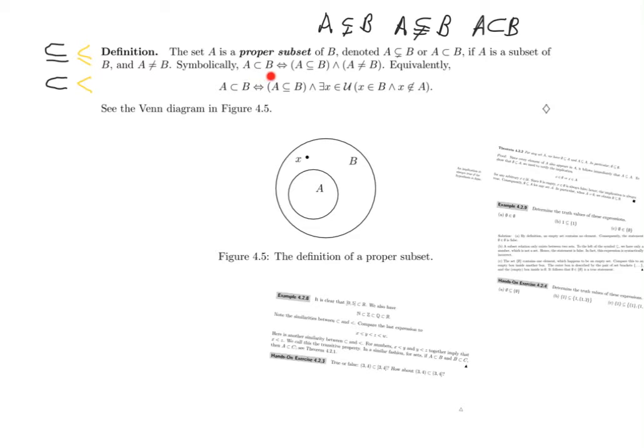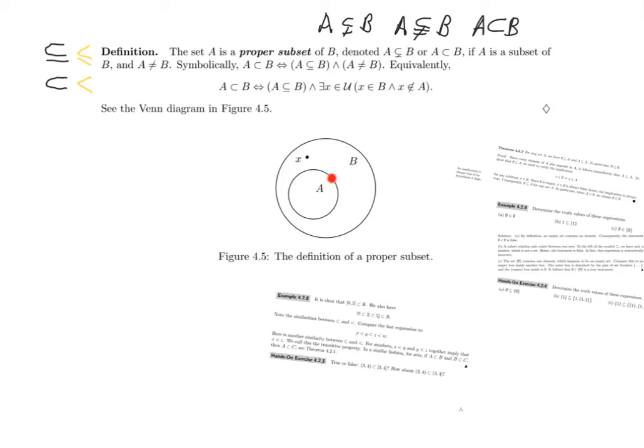Symbolically, the way we would represent this is A is a proper subset of B if and only if A is a subset of B and A is not actually equal to B. So how do we know that A is not equal to B and A is a subset of B? Well, another way to think about that is there exists an element in the universal set that's in B but not in A. Here's an example of what proper subset would look like.